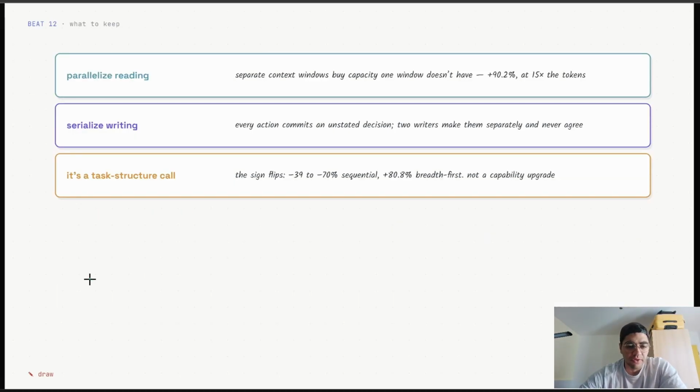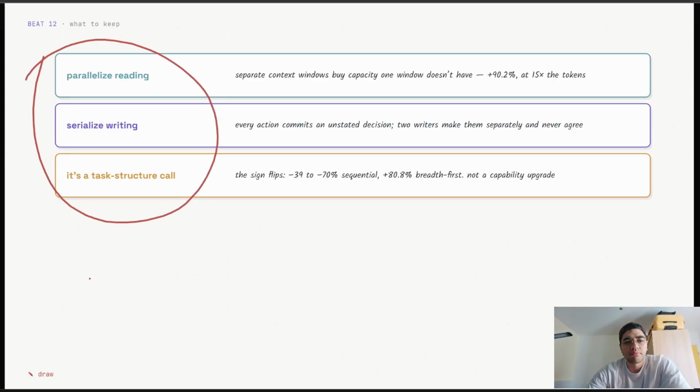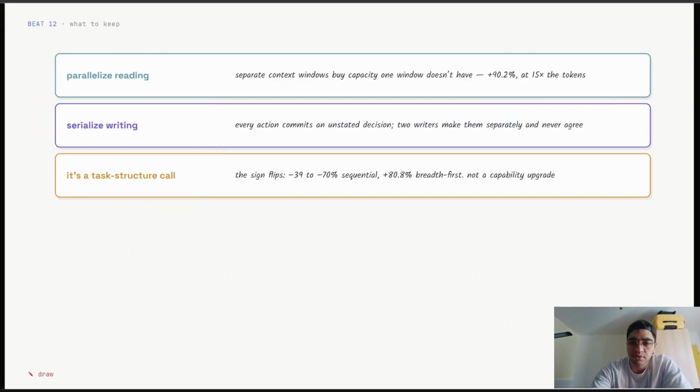Now, let's do a fast recap of this whole episode. First of all, parallelize reading. We had a 90% increase in performance compared to a single agent, which was amazing, but at 15 times the tokens. Then serializing writing. Every action commits an unstated decision. Two writers make them separately and never agree.